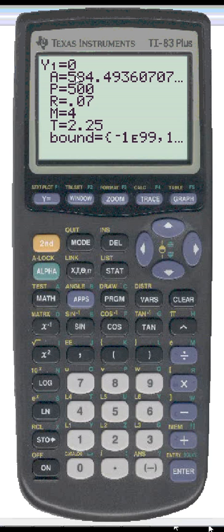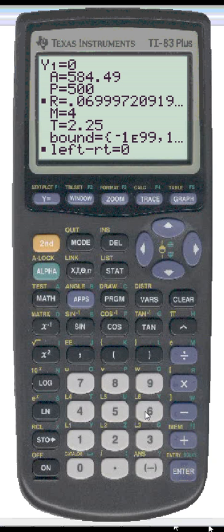Then move your cursor by up arrowing, down arrowing. Let's say, what if the A value was 584.49, and I wanted to see what the interest rate needed to be in order to get that. I would put that in there and do alpha solve on the interest rate, and it tells me 0.069997, which would round to 0.07 per year.